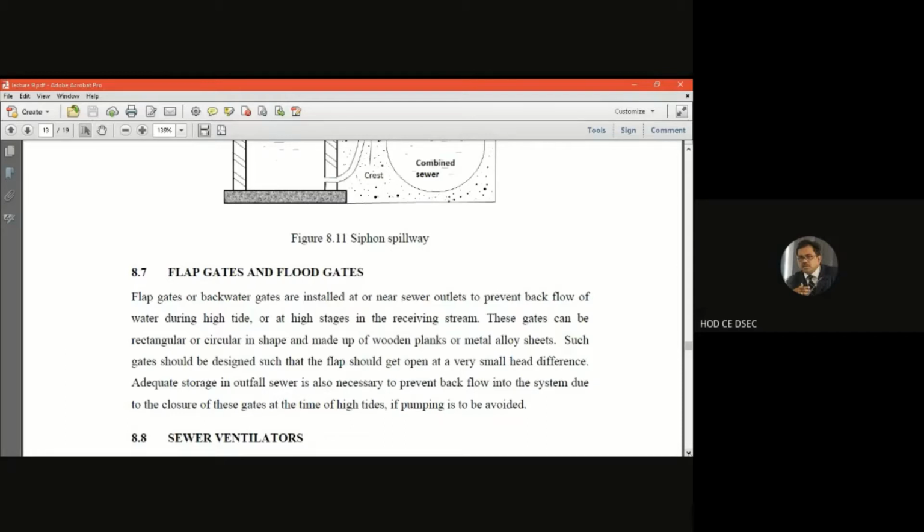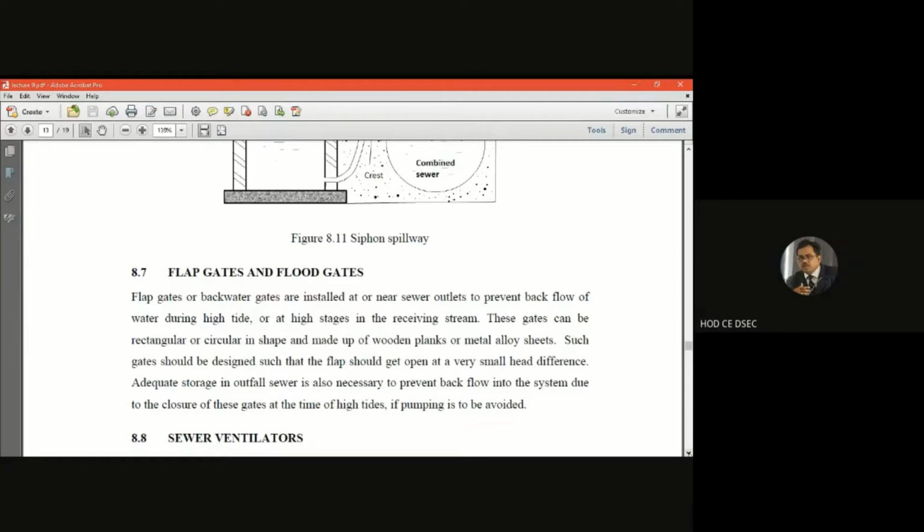So to avoid this, we have to install a gate which is called the flap gate or backwater gate, just like a barrage we provide on a dam. These gates can be rectangular or circular in shape and made of wooden planks or metal alloy steels.